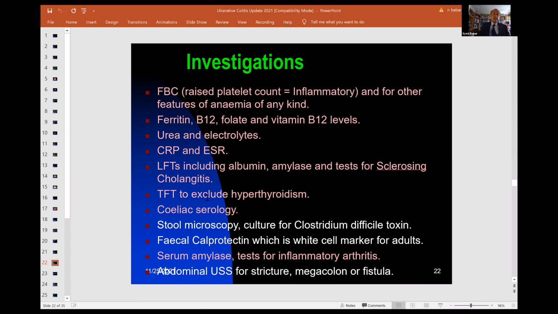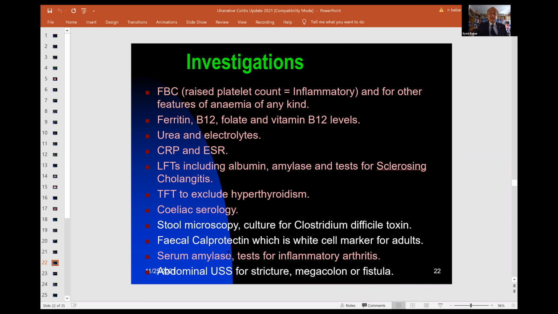Hyperthyroidism should be excluded by measuring free T4 and TSH. Celiac serology needs to be done because it can coexist. Microscopy of stool should be done not just for identifying the bacteria concerned, but also to exclude Clostridium difficile toxin, which is a potent trigger for flaring up ulcerative colitis. Fecal calprotectin is also done, which is estimate of this protectin in the white cell of the stools.